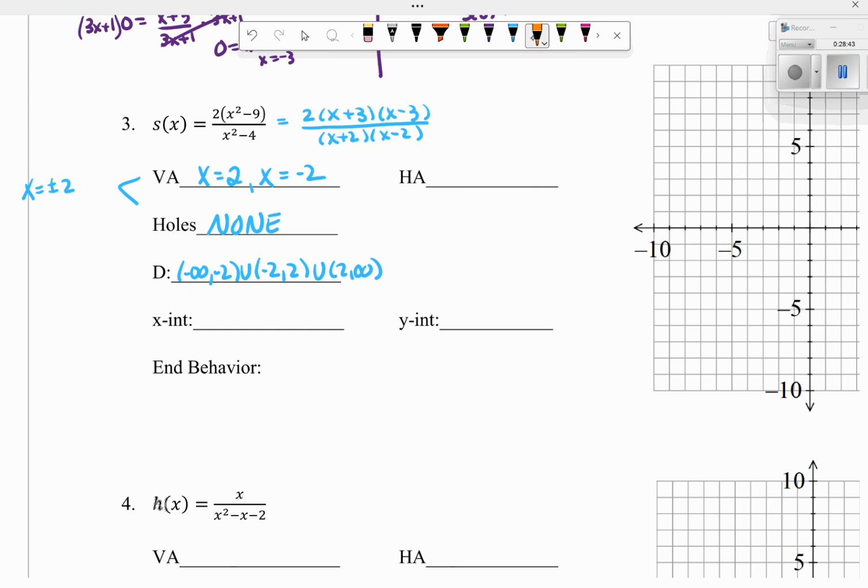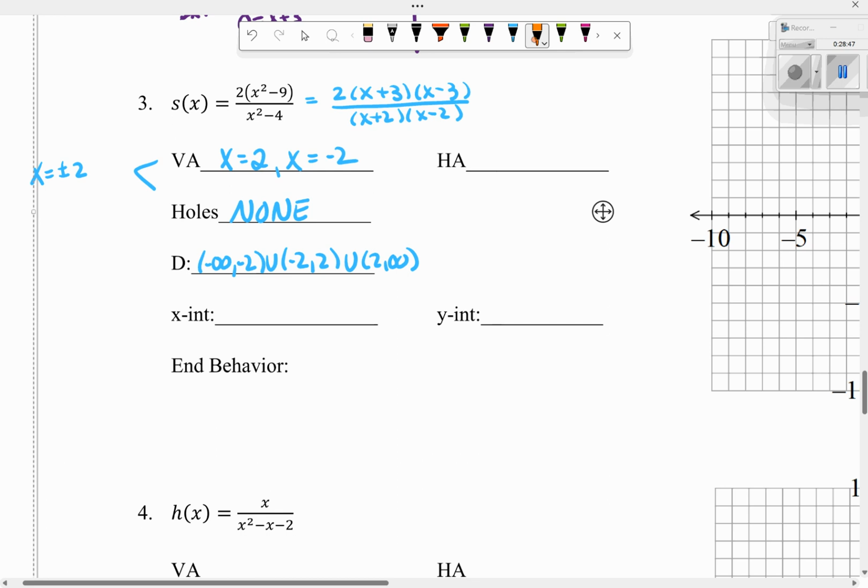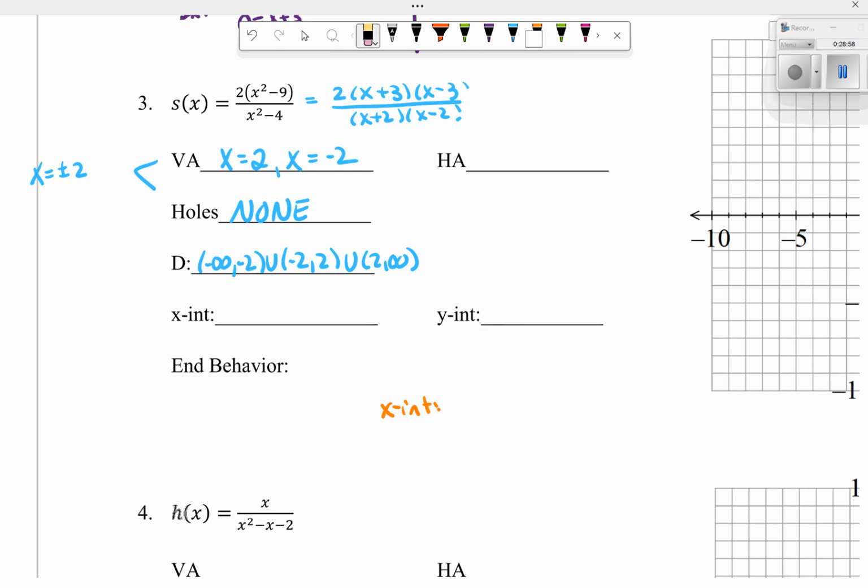And then if we want to find our x-intercept, again, it's the zeros in the numerator as long as they're not zeros in the denominator, because again, when you multiply, if you set this equal to 0 and you multiply this by 0, it goes away. So I'm not going to write the whole thing this time. I'm just going to write 0 equals 2 times x plus 3 times x minus 3.